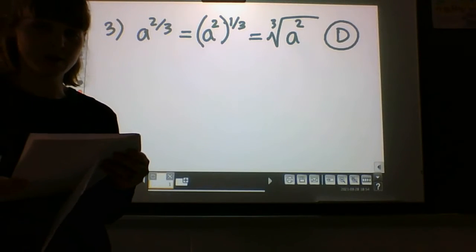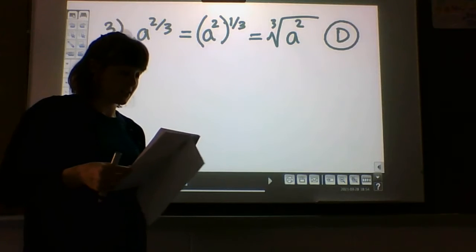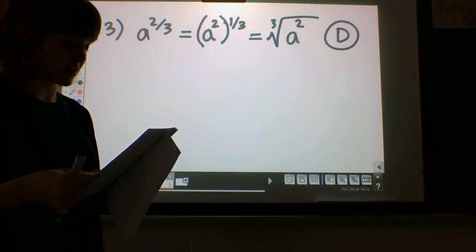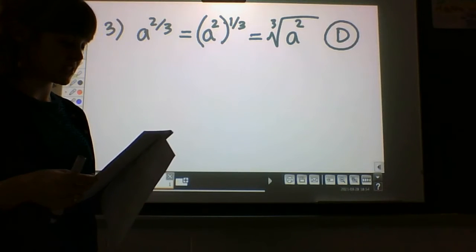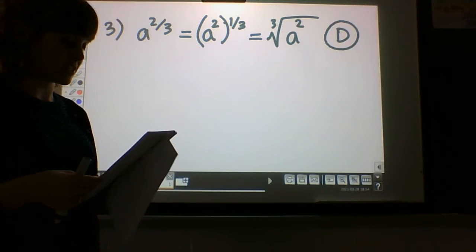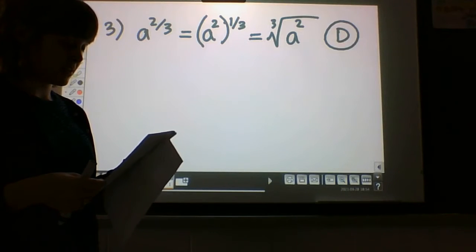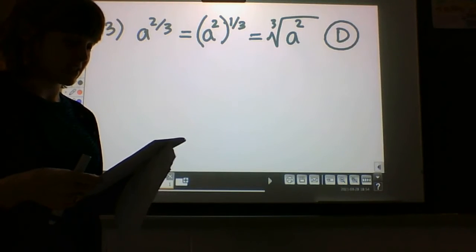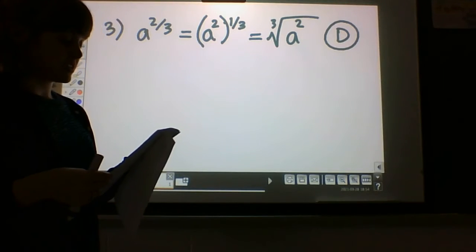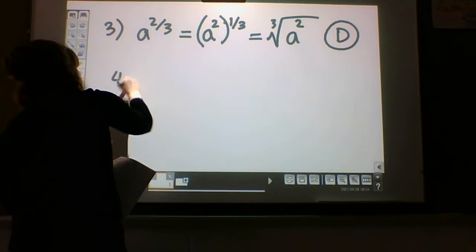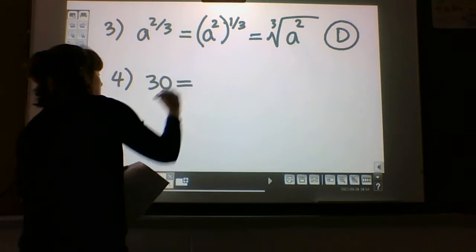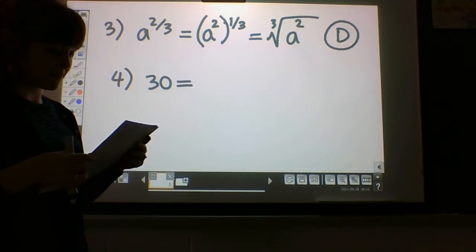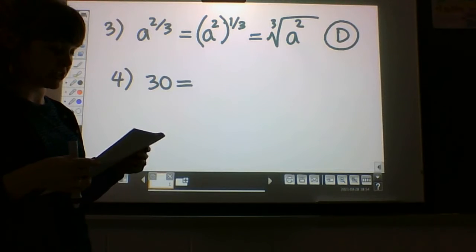Number 4, we have this big long paragraph to read. It says, the number of states that joined the United States between 1776 and 1849 is twice the number of states that joined between 1850 and 1900. If 30 states joined the United States between 1776 and 1849, and X states joined between 1850 and 1900, which of the following equations is true?